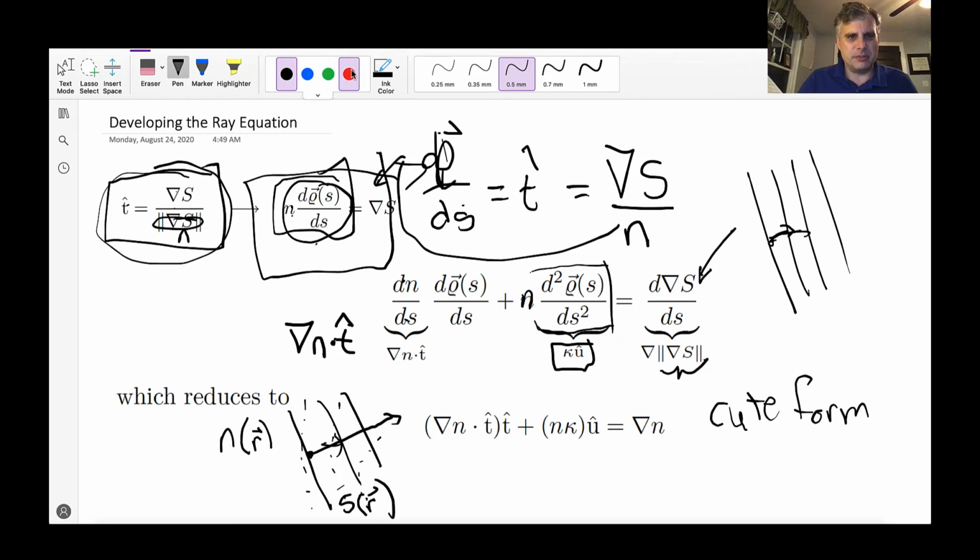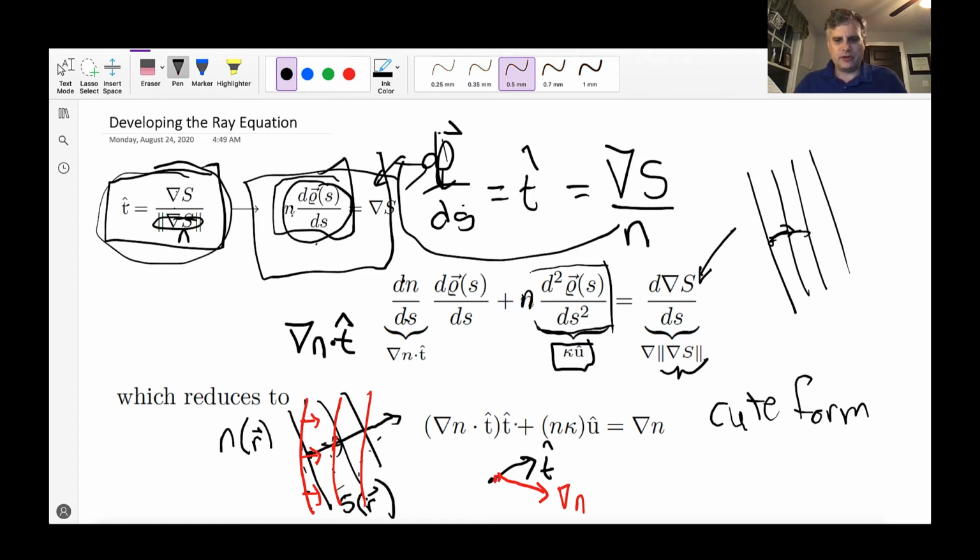In fact, let's switch to multimedia colors here. If I take the gradient of the index of refraction at any given point here, I'm going to have my ray trajectory, which points at t hat, and an index of refraction whose gradient points in some arbitrary direction at that point.